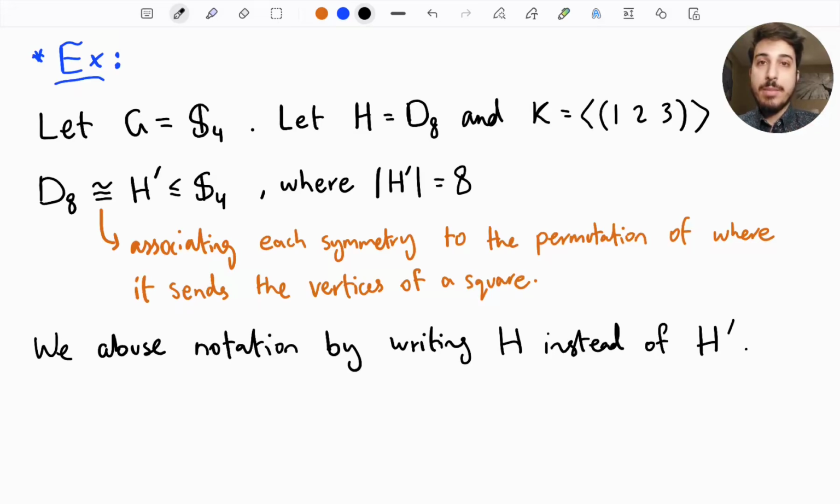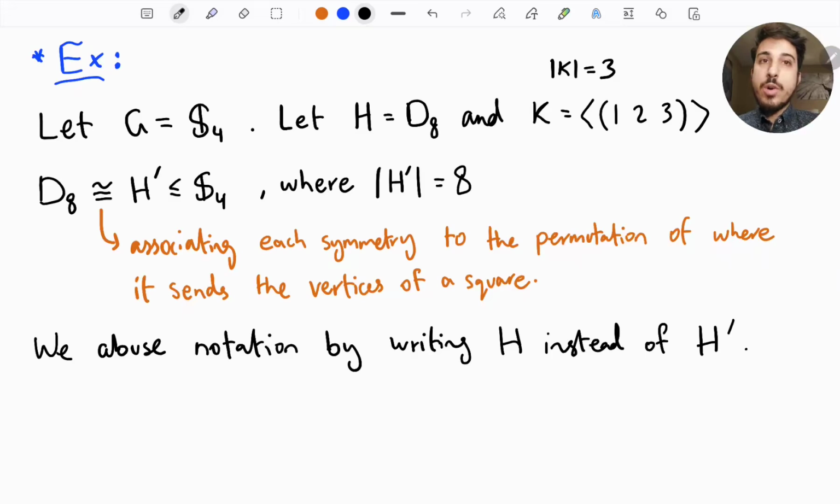And let K be the cyclic subgroup of S4, which is generated by the 3-cycle (1 2 3). So here immediately we see that K is a cyclic group of 3 elements: the identity, the 3-cycle (1 2 3), and the inverse of that 3-cycle (3 2 1). So the order of K is equal to 3.